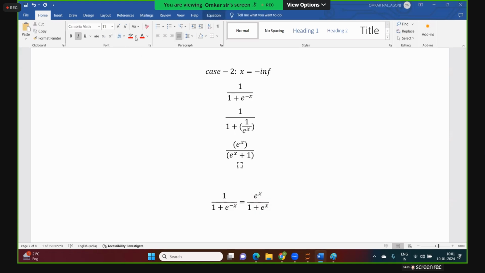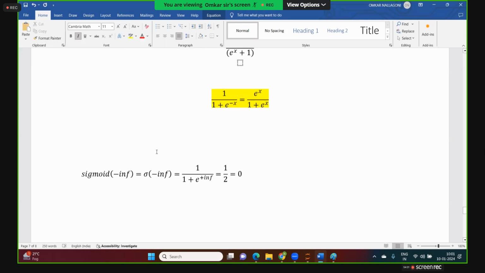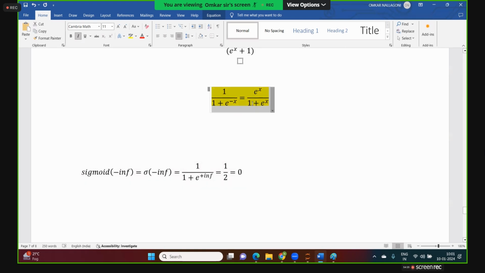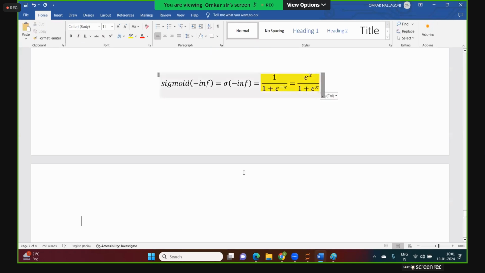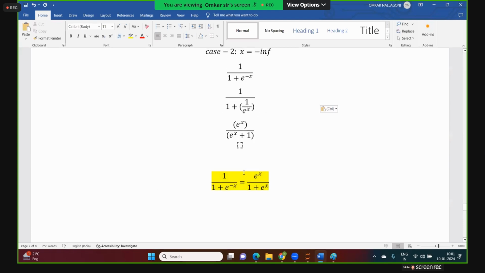Okay, note down that, and you can apply the same thing here. Now you'll get your answer. You note this down first.